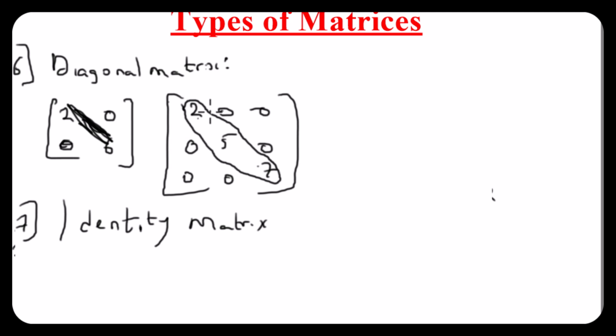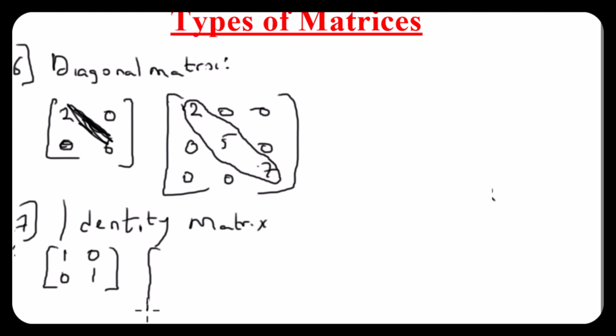For a diagonal matrix, we said the diagonals are non-zero elements while the others are 0. For an identity matrix, the diagonals will be equal to 1 while all the other members will be 0. For example, 1, 0, 0, 1 is a 2 by 2 identity matrix.